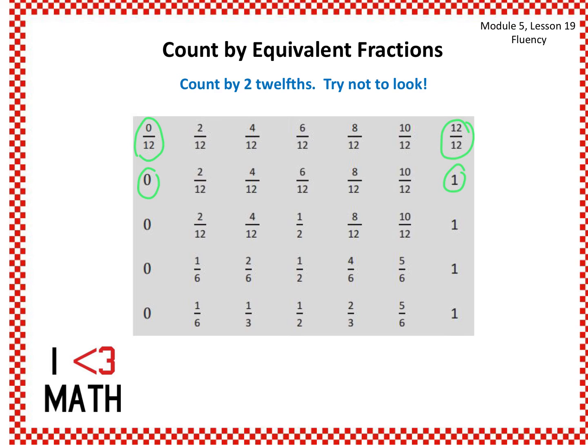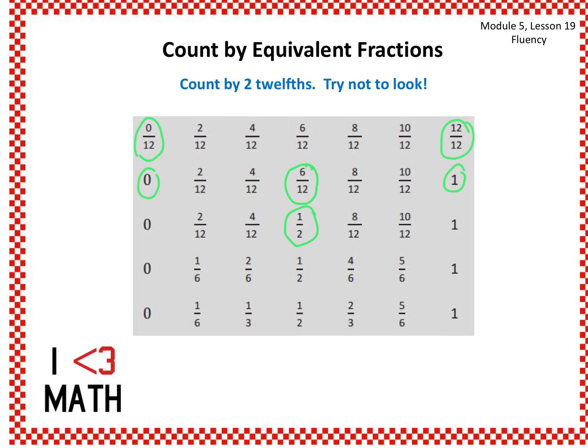Then our next row, we're going to go to 1/2 like we've done before, and 6 twelfths, because 6 is half of 12, and 1/2 are equivalent fractions. So we'll start at 0, 2 twelfths, 4 twelfths, 1/2, 8 twelfths, 10 twelfths, and 1.